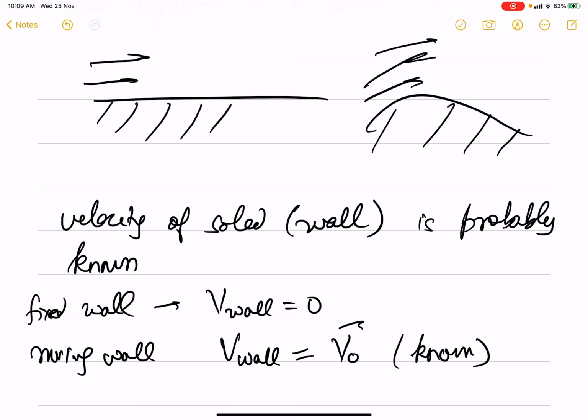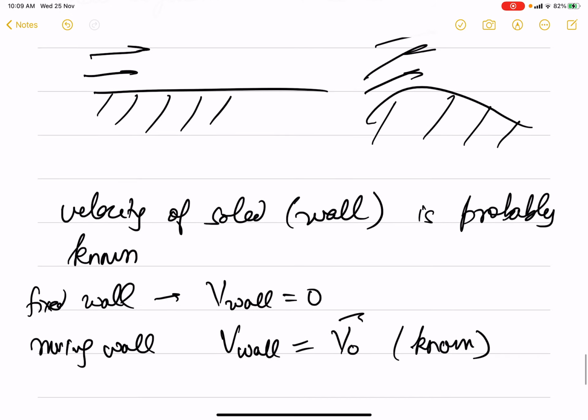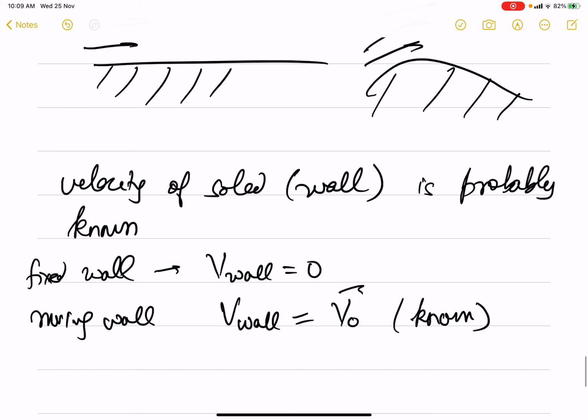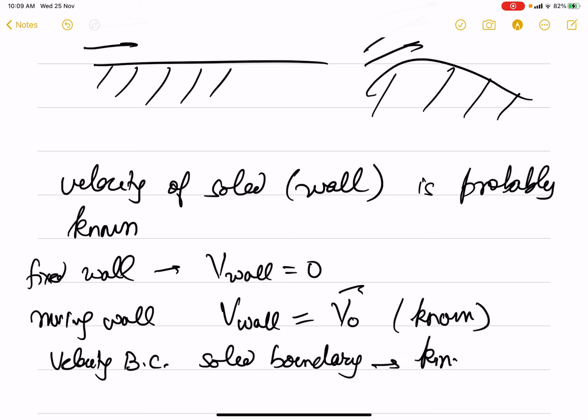For example, if it's a conveyor belt moving, because what you are trying to do is find the flow field on the fluid side. So the velocity boundary condition in case of a solid boundary will be a known thing, and this will be a usable boundary condition.